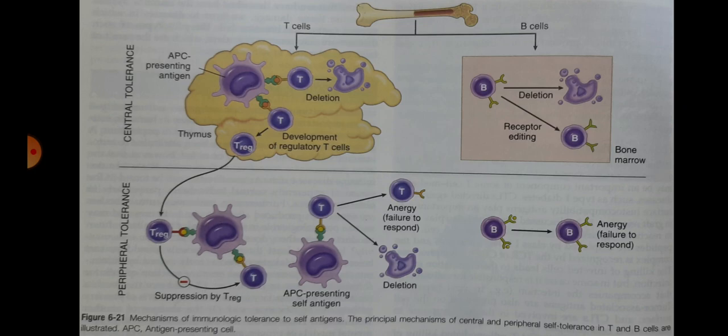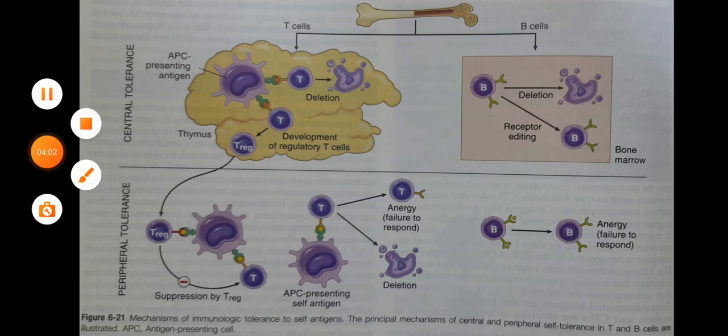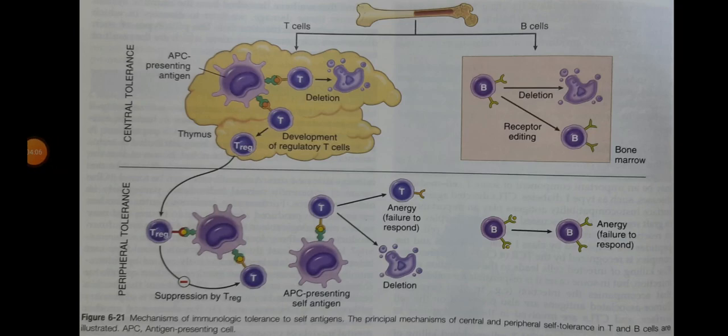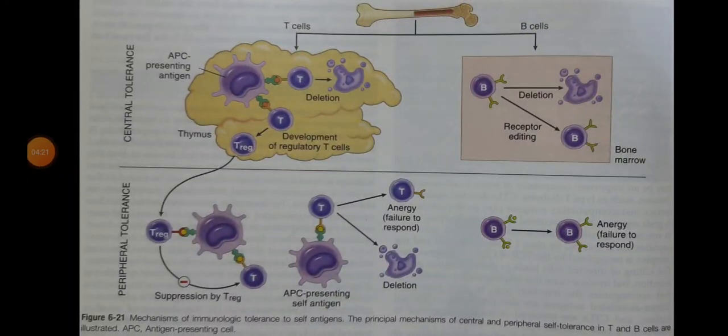Such antigen-independent TCR generation produces many lymphocytes that express high affinity receptors for self-antigens.